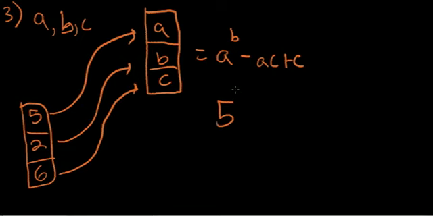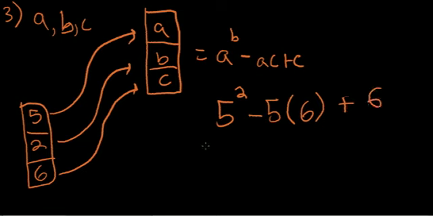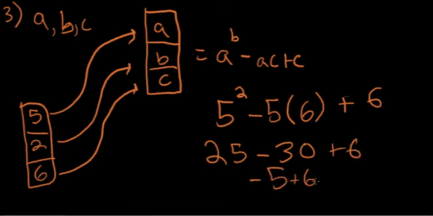So 5 to the second power minus a, which is 5, times c, which is 6, plus c, which is 6. So 5 to the second power is 25, minus 5 times 6 is 30, so minus 30, and then plus 6. So minus 5 plus 6, which is equal to just 1. That's the correct answer. That is choice A.